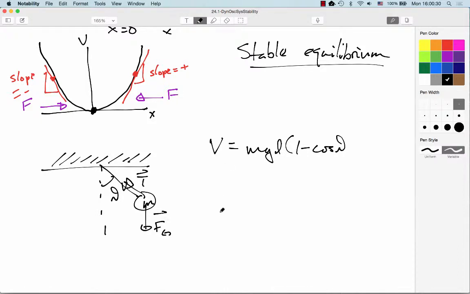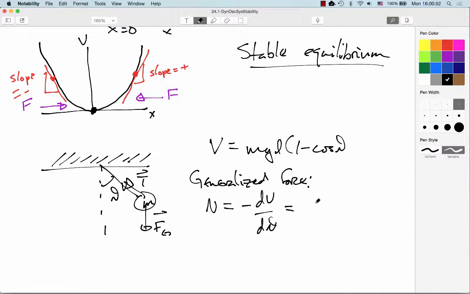So following our prescription for generalized forces, the restoring torque in this case will be our generalized force, and we get that by differentiating V with respect to theta. And we get minus mgl sine theta.